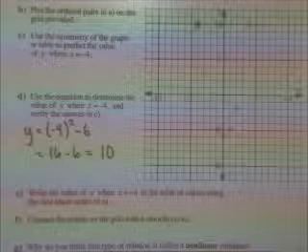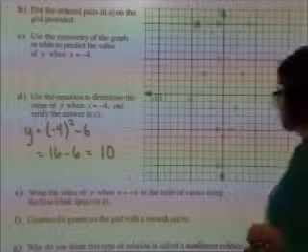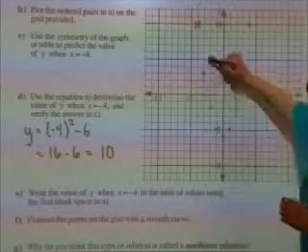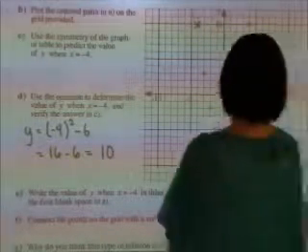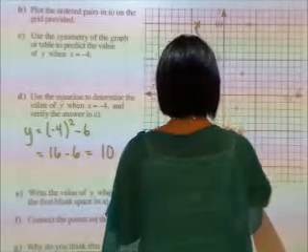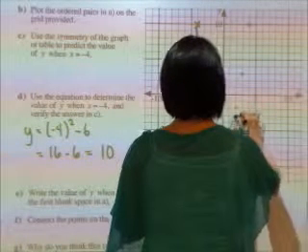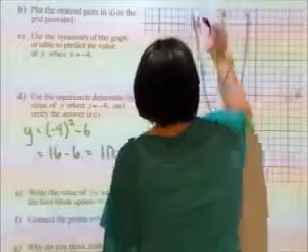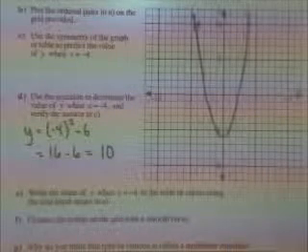Then in part F, it says connect the points on the grid with a smooth curve. So a smooth curve means you're going to make this. What shape am I drawing? A U shape. As best as I can going through the points.